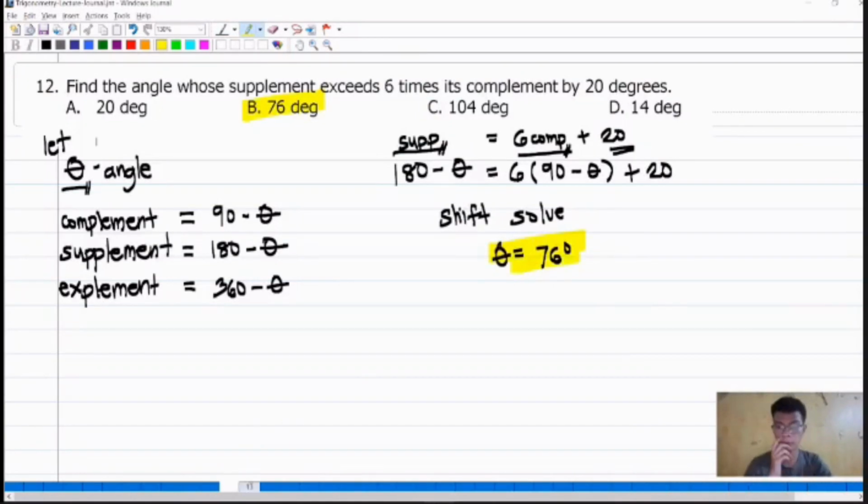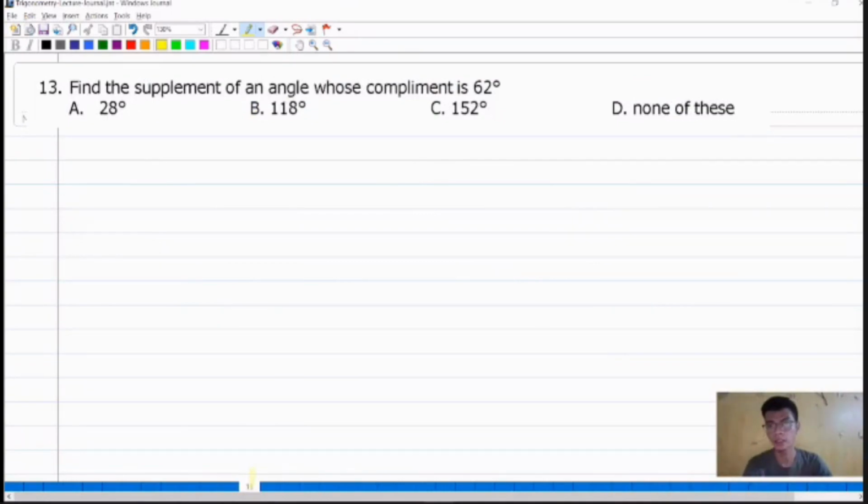Next, number 13. Find the supplement of an angle whose complement is 62. So may binigay ulit tayo dito that the complement of the angle is equal to 62 and this is also equal to the 90 minus yung mismong angle natin, di ba? Ang pinapahanap sa atin is the supplement.